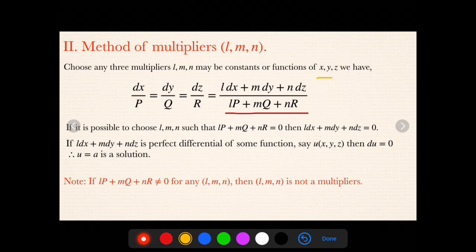If you are choosing a multiplier in terms of a variable, for n always choose a function of z, and for l and m don't choose a function of z, because the integration of z with respect to x or z with respect to y is not a constant. We can't integrate that; you have to express z again as a function of x and y, which takes a lengthy procedure.